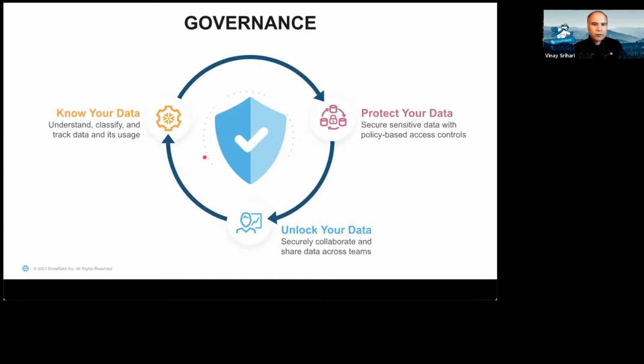So classifying that information, tracking its data and usage, protecting it. So once you understand what the data is, you want to be able to mask, obfuscate sensitive data. That's another aspect of it. And finally, still being able to collaborate and share that data. So getting the full potential of your data, making it easier to share and collaborate. So these are sort of the three principles.